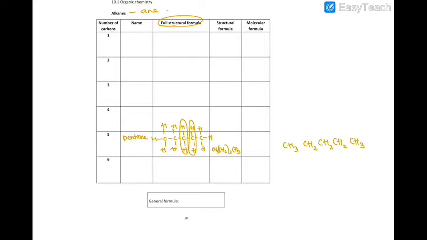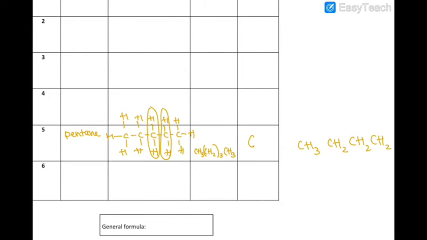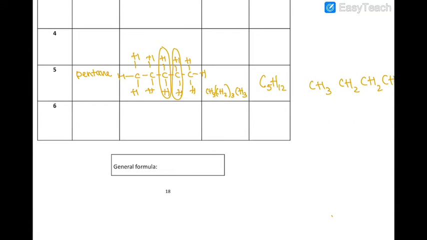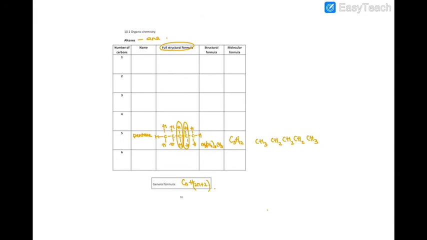Okay, and the molecular formula is just how many atoms there are. So C5H12, and the general formula for alkanes is CnH2n+2. I think you're familiar with this from IGCSE.